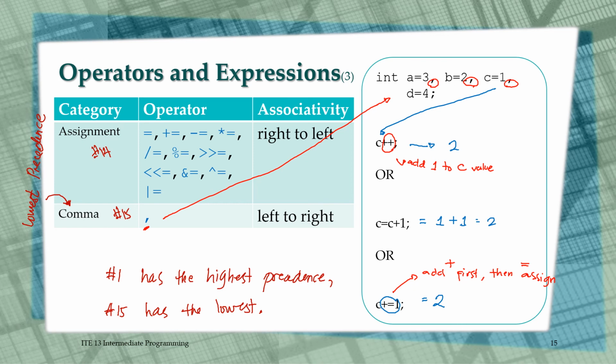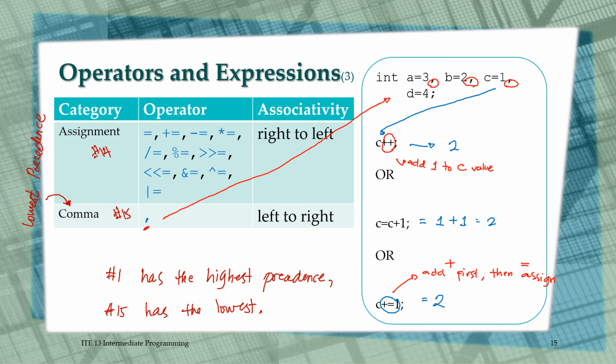Like with the example C plus equals 1, where we add 1 to the value of C, then we give the result back to C. If you have noticed, the given examples here are equivalent expressions, C++, C equals C plus 1, and C plus equals 1. The comma operator is used as a separator.